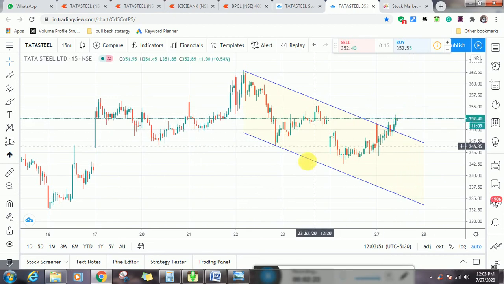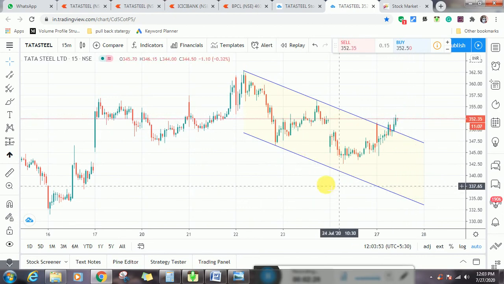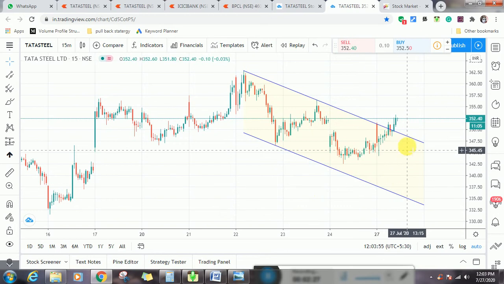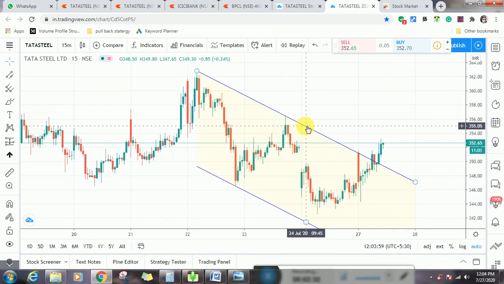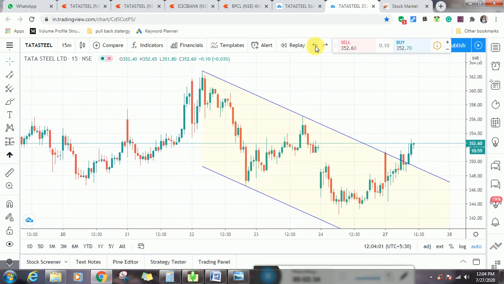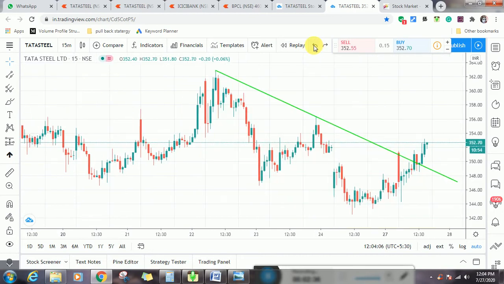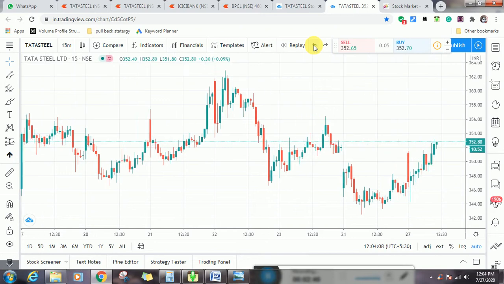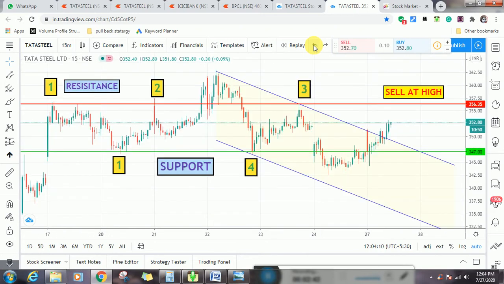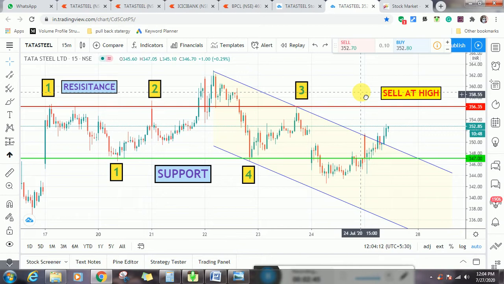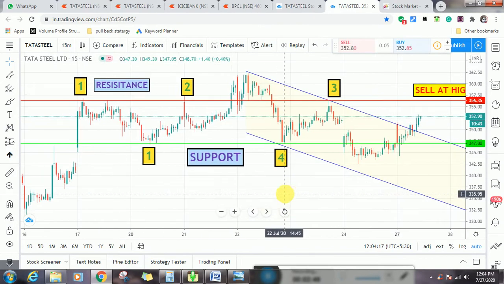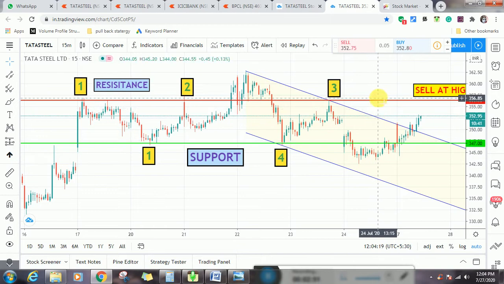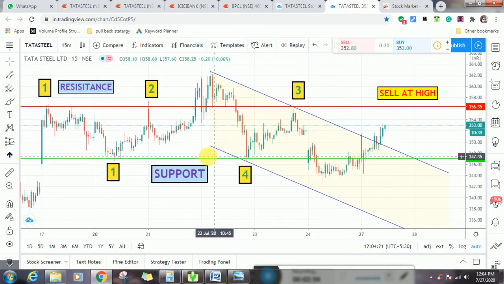Okay, then you may have another doubt: where do I enter and where is my target? Okay, I'm showing you. Here you see it's a channel pattern and I'm drawing support and resistance for your understanding.